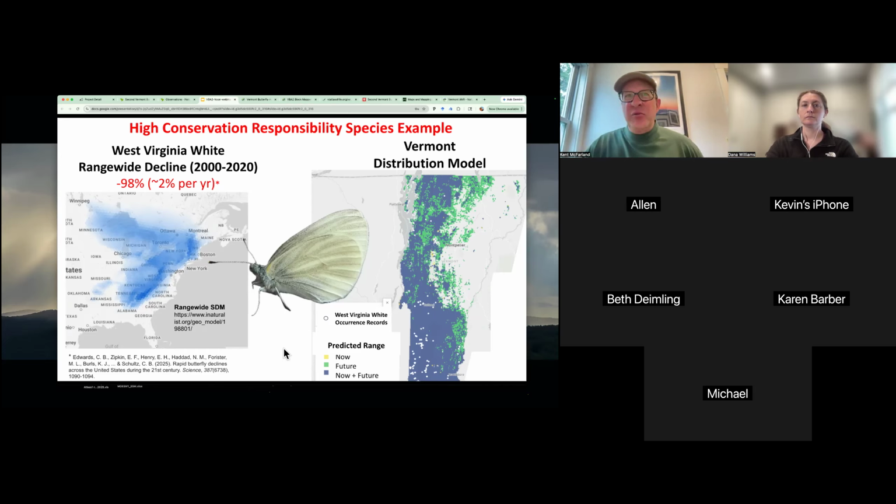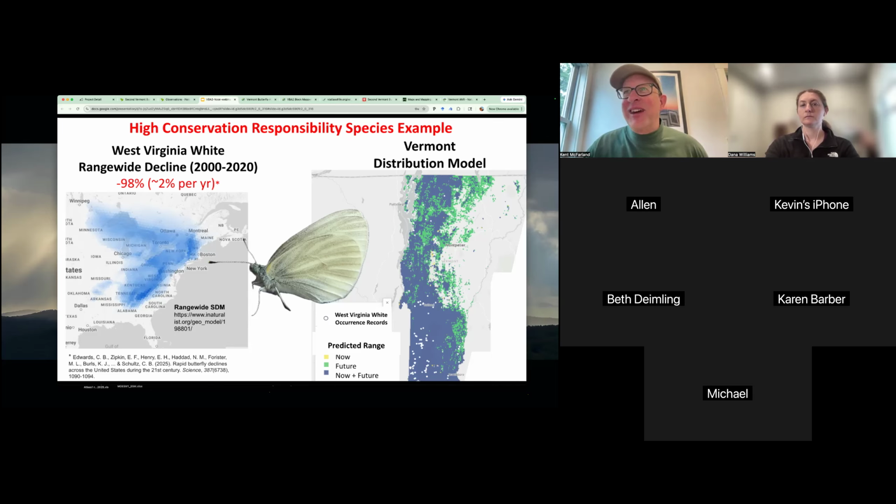And the cool thing is we had a spatial intern a few years ago work with us, doing some modeling with Mike Hallworth in our office, who's an expert data modeler, using all the data that everyone's helped collect. We looked at climate change in the future and now. And so this blue is where we think there'll be habitat for this butterfly now, and where it will be in the future after 100 years of climate change.